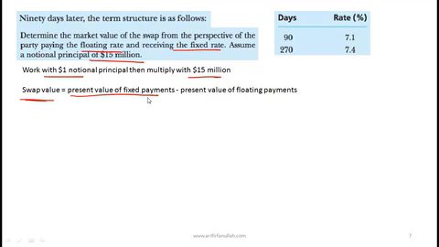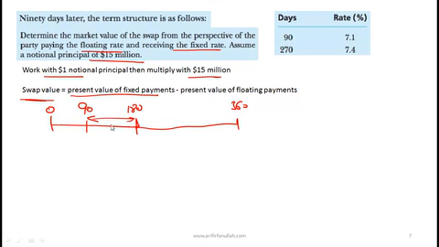So we'll do this for $1 notional principal and then multiply by the actual notional principal, which is 15 million. So what's happened now? We are 90 days later and these are the rates. So let's just draw this out. This was our original picture, 0, 180, 360. Now we are here at 90, and very conveniently we have been given the 90-day rate.